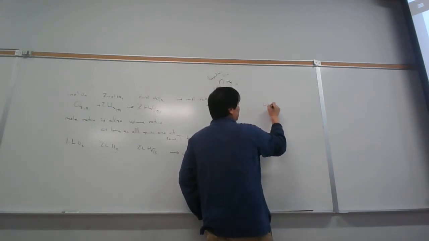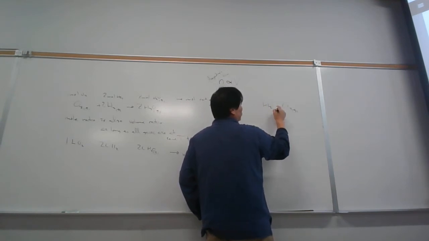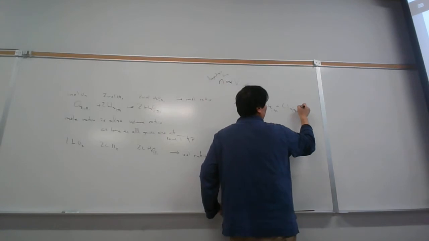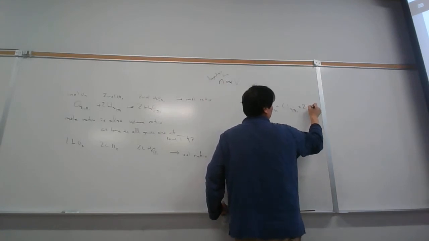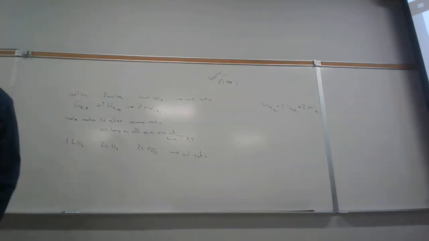If I look at the reaction between hydrogen and chlorine, they react in a 1-to-1 mole ratio, and this is going to produce 2 HCl gas. This is an element plus element redox reaction.